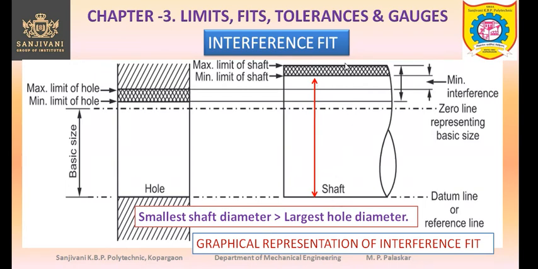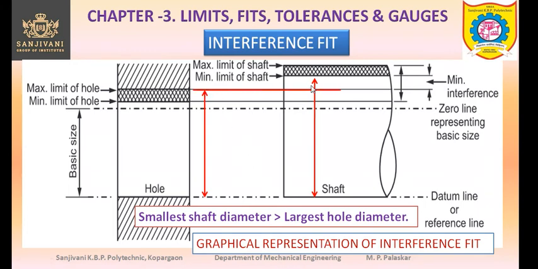Up to this line we get the largest shaft, up to this line we get the smallest shaft. So the smallest shaft diameter will be greater than the largest hole diameter. This is the largest hole diameter. So the smallest shaft diameter is greater than the largest hole diameter, and that is the condition of interference, and this fit is nothing but the interference fit.